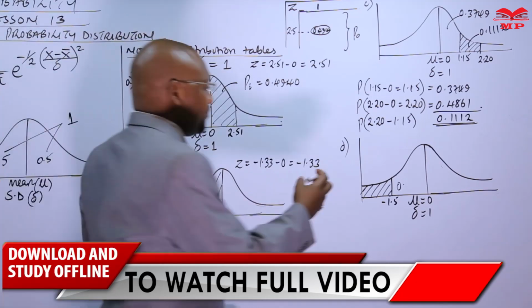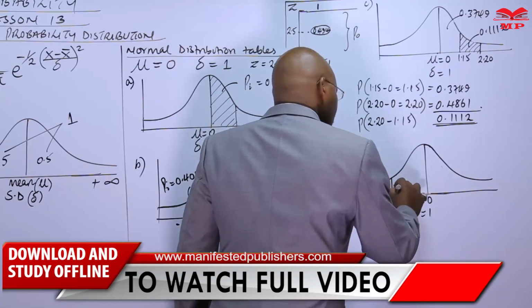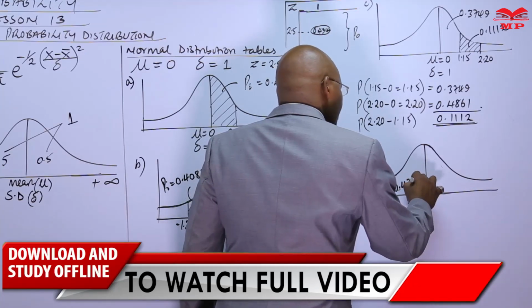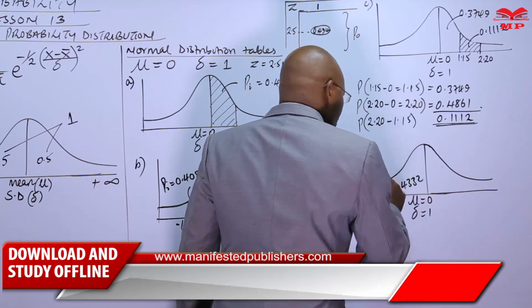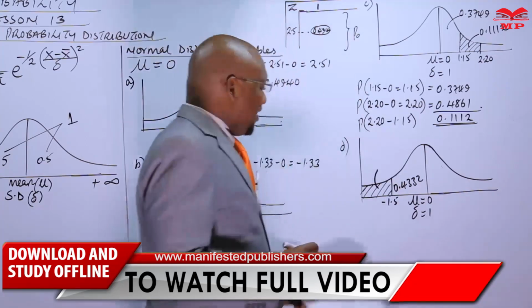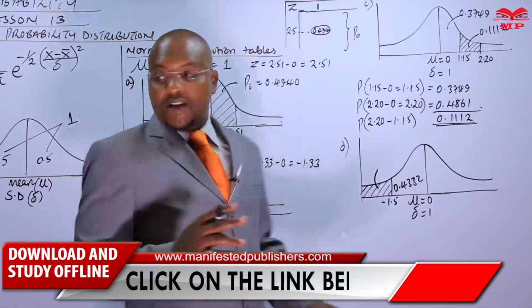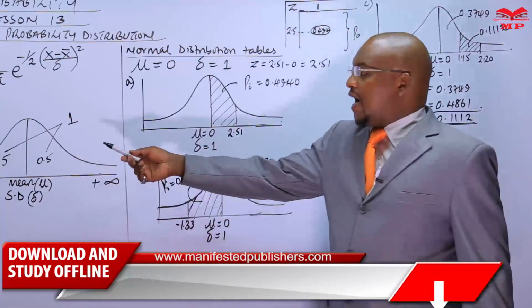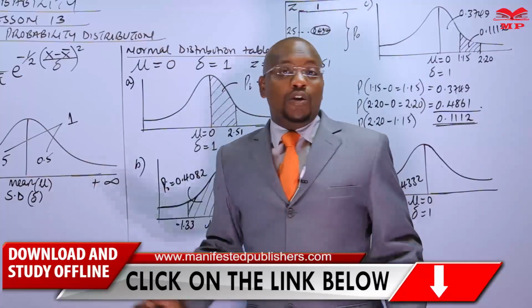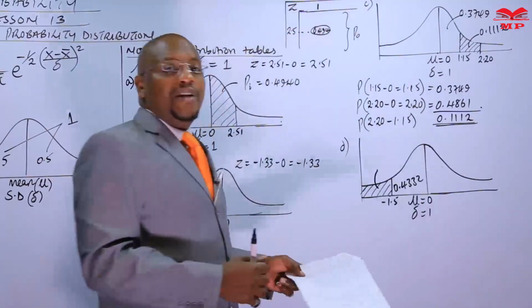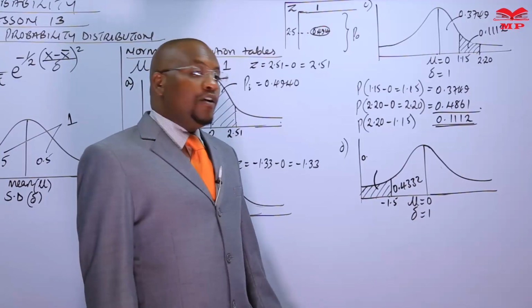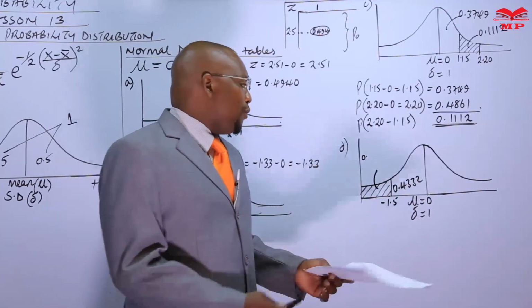0.4332. Then to get this area, you deduct this. Remember we said that the whole of this half is 0.5. So if we know the whole of this half is 0.5, then we deduct the 0.4332 from 0.5.